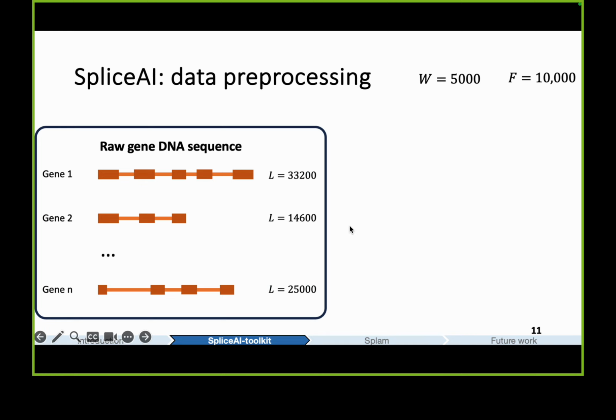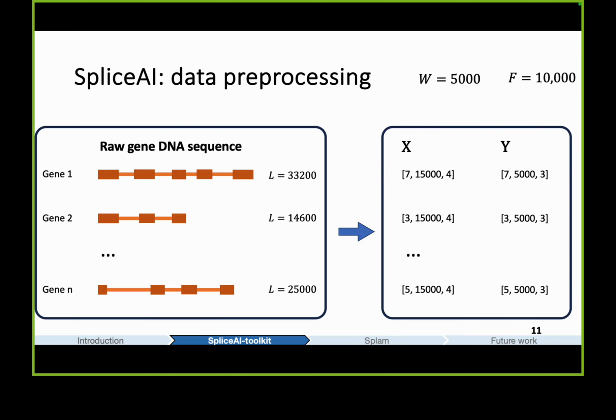Now zoom out to the full genome annotation. We focus on the protein sequences, and we gather roughly 19,000 to 20,000 protein coding genes. Using the same sliding chunking approach, we can convert them into XY pairs, and now we can do the stochastic training on Splice AI.